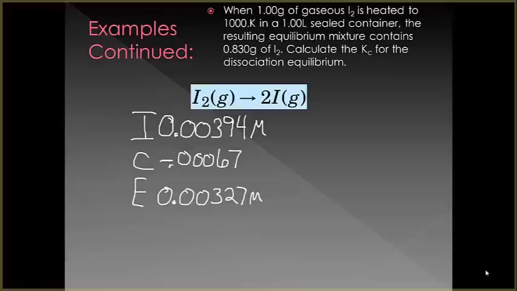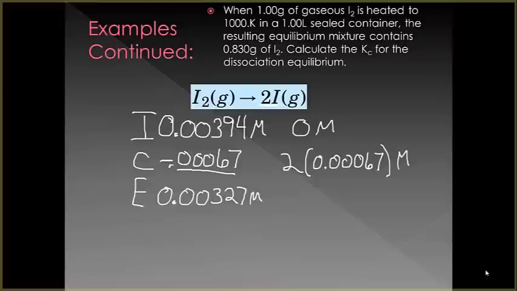Now, if we know that the I2 has changed by that much, we will look up here and see that, well, I must change by twice that. And the initial concentration of that I is 0. So this means that our equilibrium value for I must be like that.